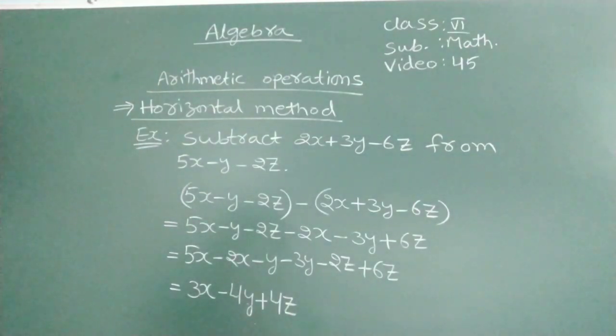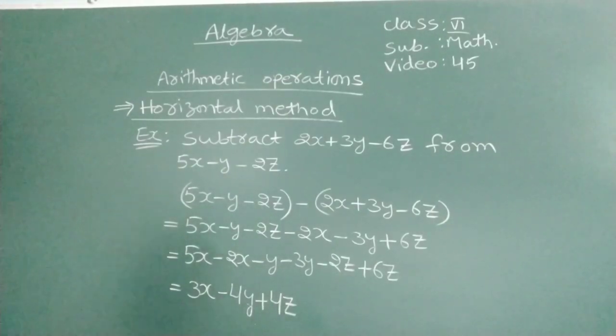See this. First, we have written the expressions with the brackets, and in between them we kept the minus symbol. Next we removed those brackets. In that process we changed the signs of the first expression, and after that we have written the like terms together and simplified. We got 3x minus 4y plus 4z.